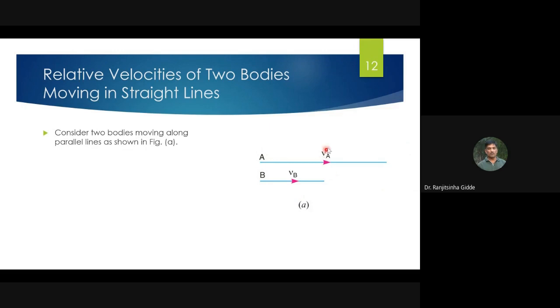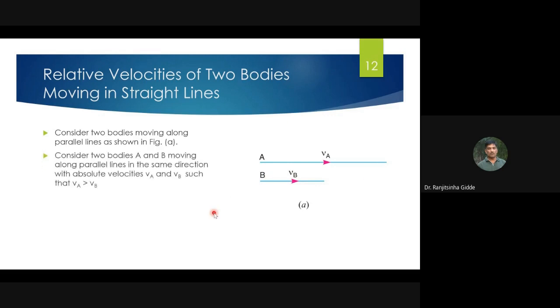So this VA is nothing but the absolute velocity, that is the body A moving in this direction, and VB is nothing but the absolute velocity of body B with which it is moving in this direction.